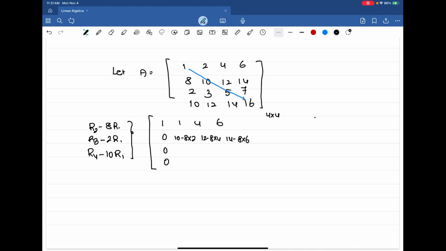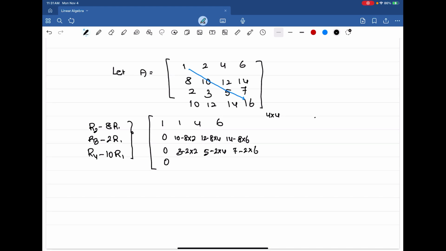Next, R3 minus 2R1. R3 is, here it is 3. 3 minus 2 into 2. 5 minus 2 into 4. 7 minus 2 into 6.